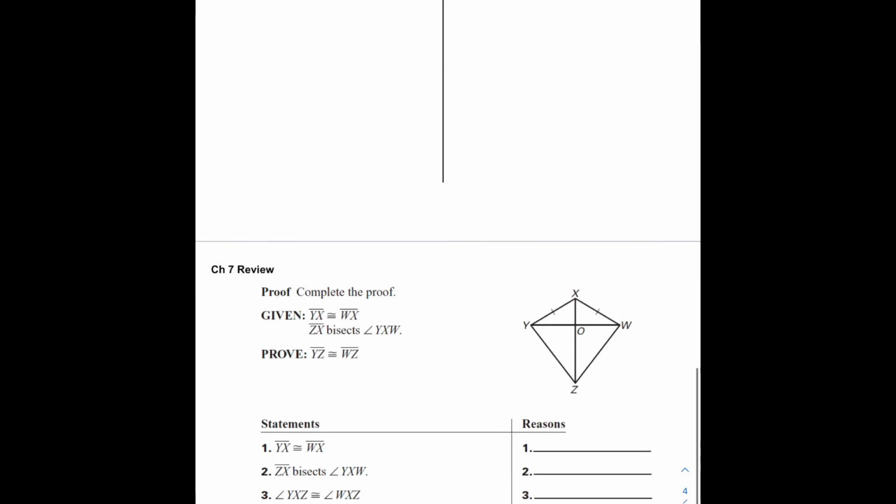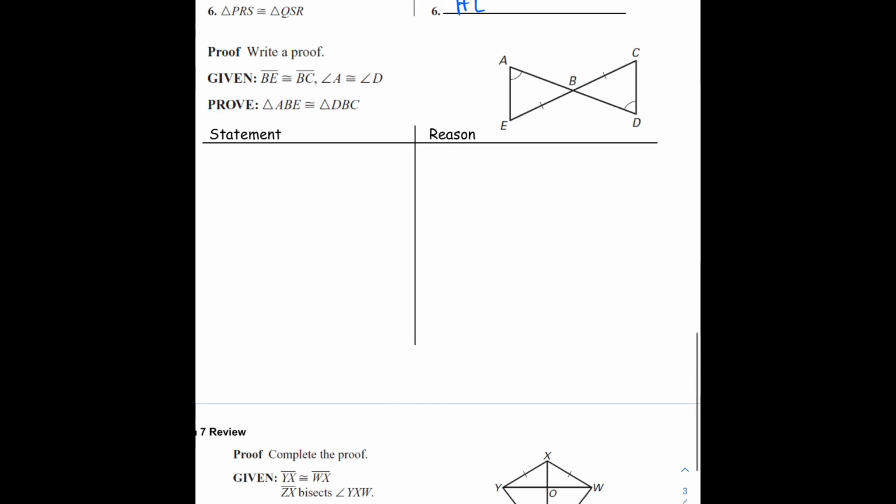This one, it's up to you. Write a proof. BE is congruent to BC. I'm going to start with my givens. Angle A is congruent to angle D. It's already marked. If it wasn't marked, I would mark it. I'm going to see that, hey, I've got something going on here.